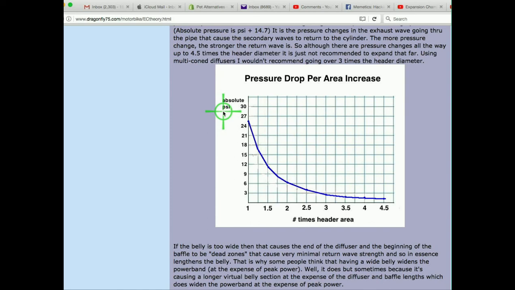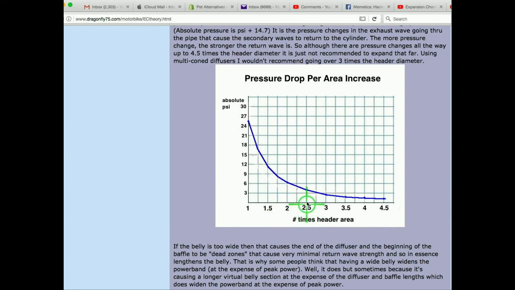It's not absolute. It's relative to what our experience is, because the column of air over our heads is causing the pressure really to be 14.7, but our gauges are set for 0. Okay, so the absolute pressure versus the belly's number times the header area.